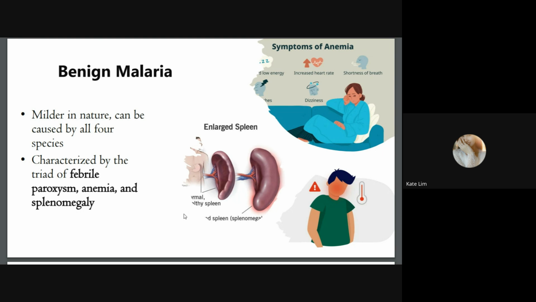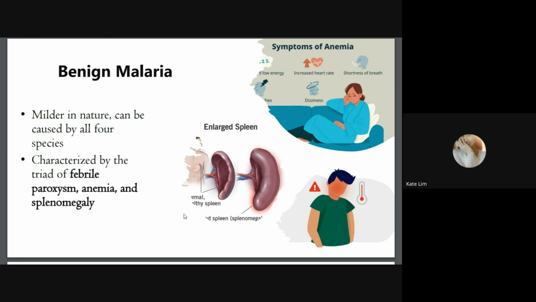But in malaria, the spleen is overwhelmed. Why? Because it's working overtime to clear out all those infected RBCs being destroyed by the parasites. So the spleen becomes swollen, and this can lead to a condition we call hypersplenism.